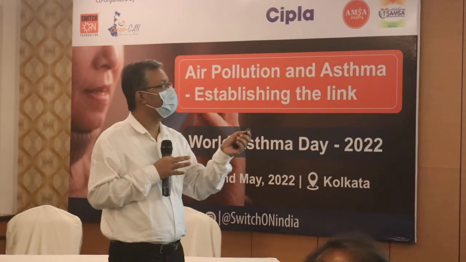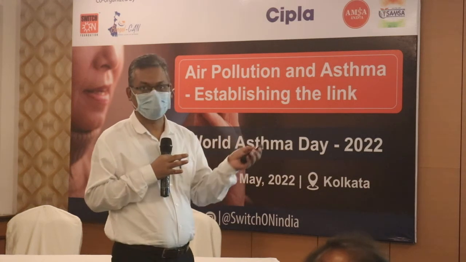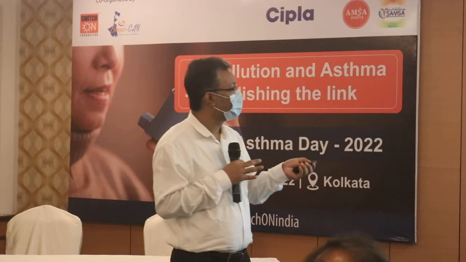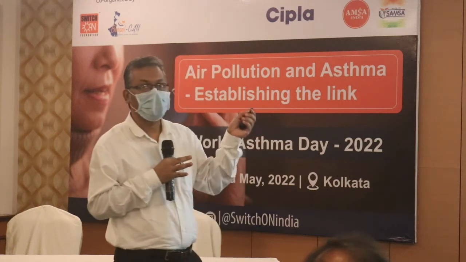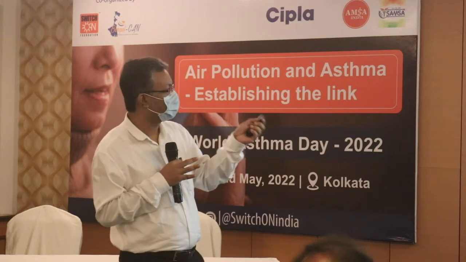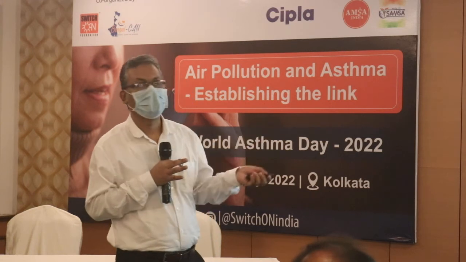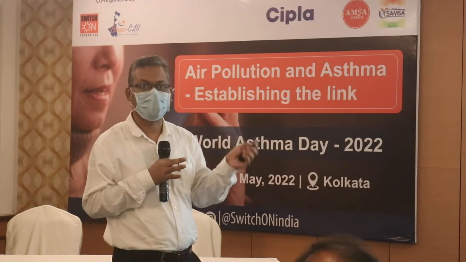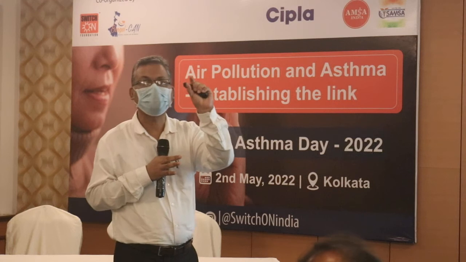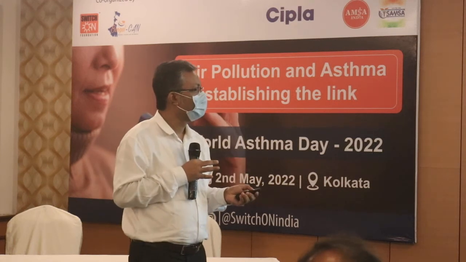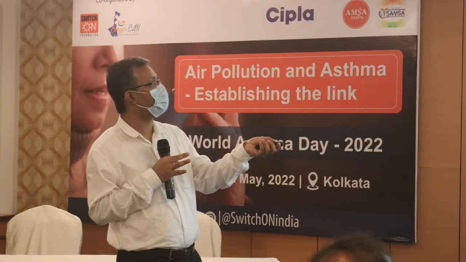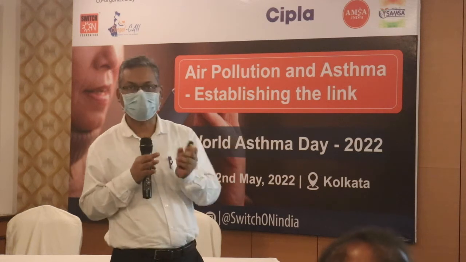And there is epithelial cell dysfunction with air pollution. This is very important. What happens? The ozone exposure causes direct reactive oxygen species production. I have already told you ozone is an oxidant gas. What does it cause? It changes the expression of claudins, the major component of tight junctions.